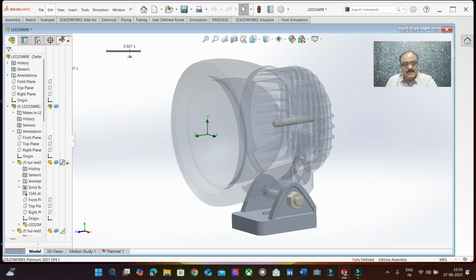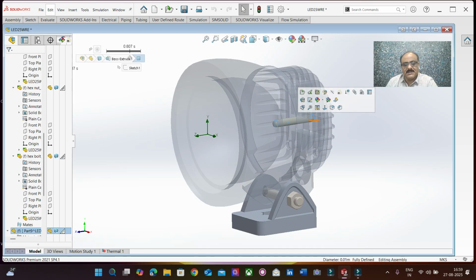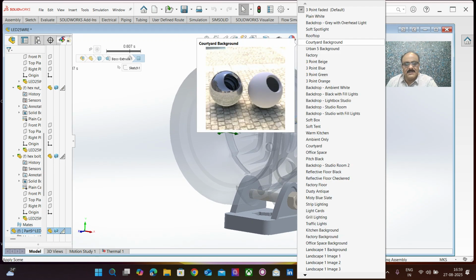We can assume that there is a fan, and this fan is going to throw out some amount of air, and that air is going to convect. So there is going to be a different medium, and from that medium there is air flow, and this air flow is going to reduce the temperature from the source. And we know that the source is the LED, and this LED is connected intact to the structure, and we also have the reflectors.